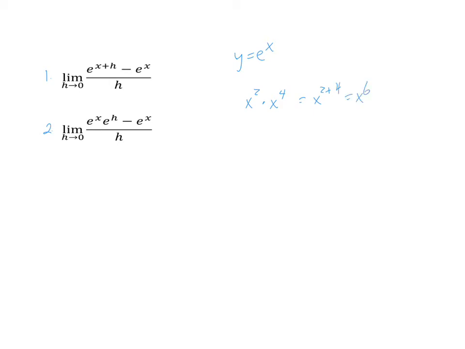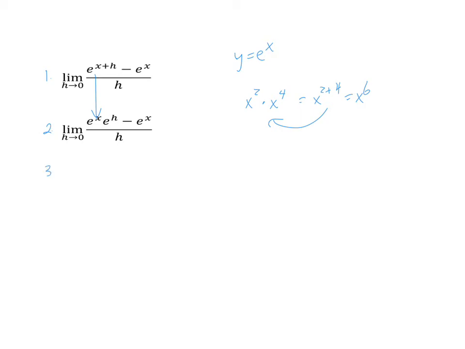If I give you something like e to the x times e to the h, look at this step. I'm going to work backwards. If I gave you something like e to the 2 plus 4, we could split that into two things multiplied together. So I can change this e to the x plus h into e to the x times e to the h, just using that exponent law.